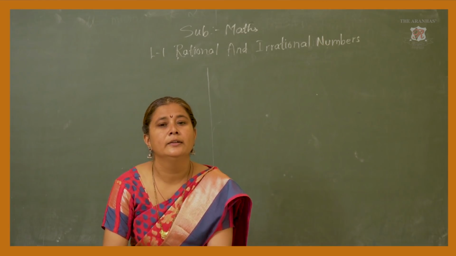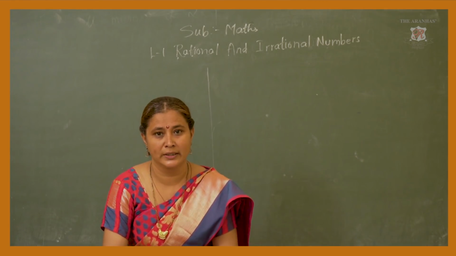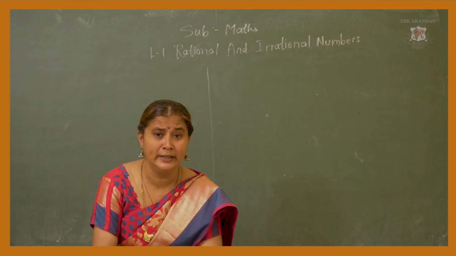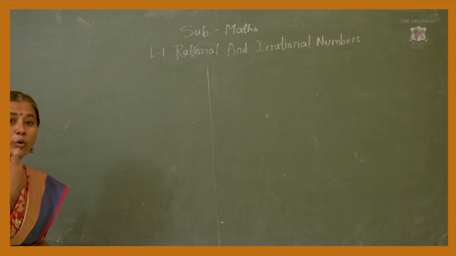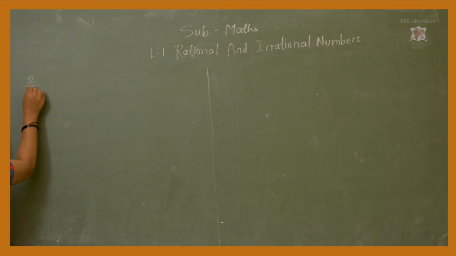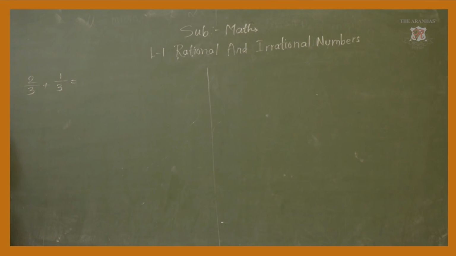We know that there are infinitely many numbers in between two numbers, isn't it? So, when we add two rational numbers, we are getting more rational numbers. Now, see, for example, 2 by 3 plus 1 by 3. How do we add these two rational numbers?